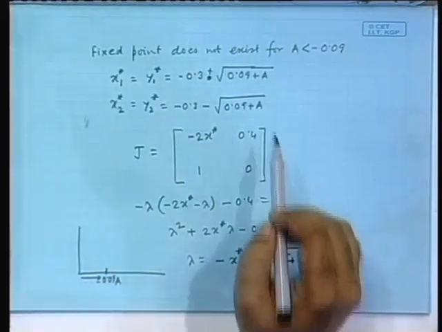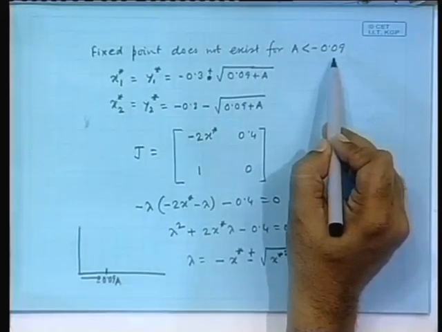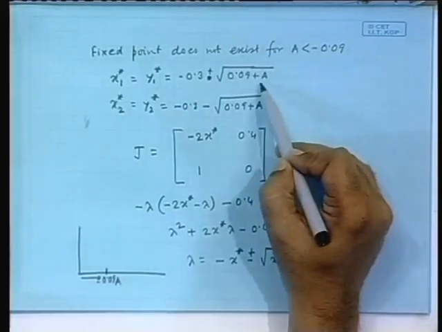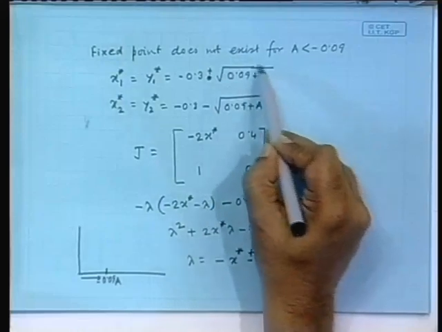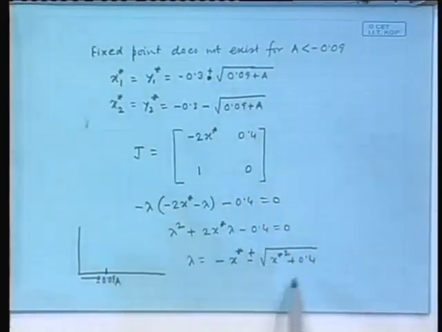First, let us assume a is equal to 0.09. If a is equal to 0.09, then this term vanishes. So, put it here and see. What is lambda?